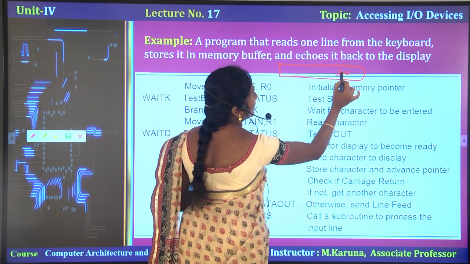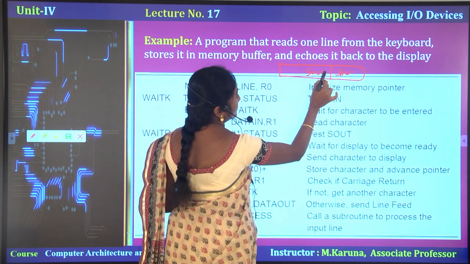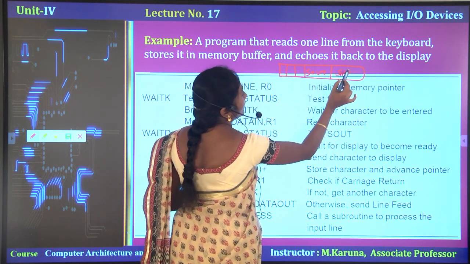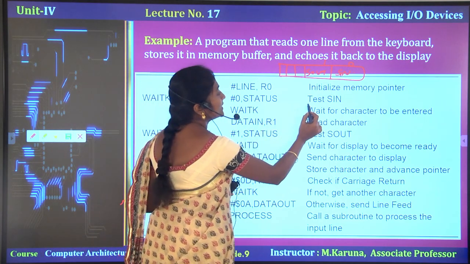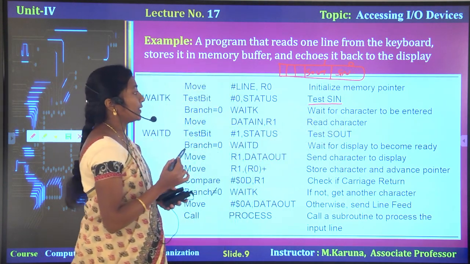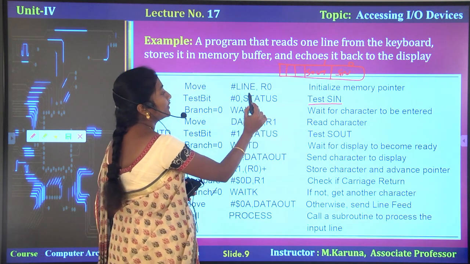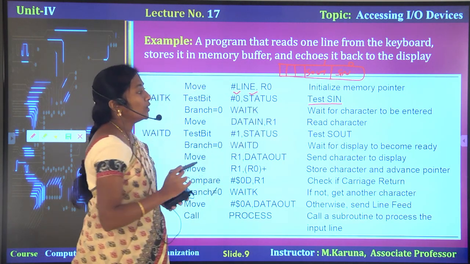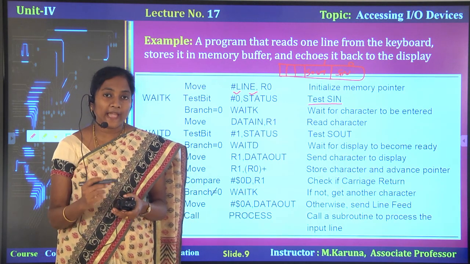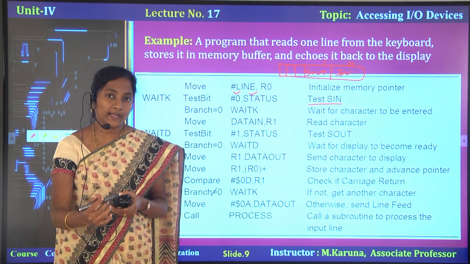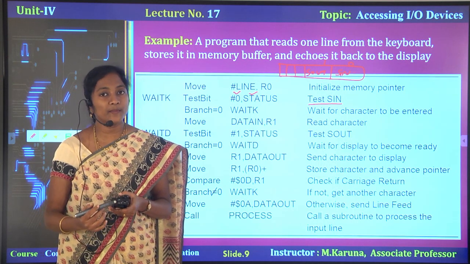SIN, SOUT, bits 0 and 1. Test the status bit of SIN with 0. Whenever a key is pressed, the corresponding character code will be loaded into the data in register, and immediately SIN will be set to 1.